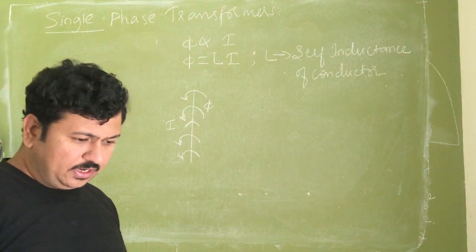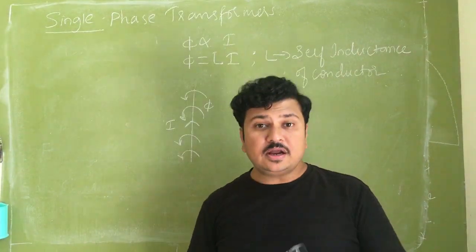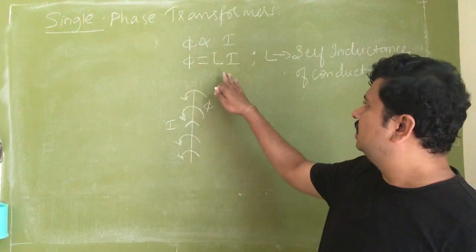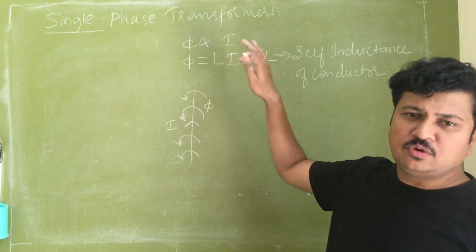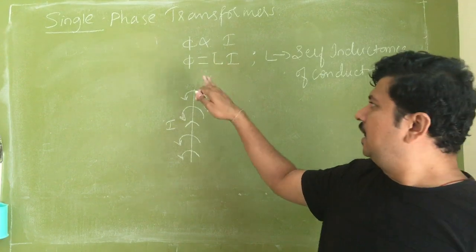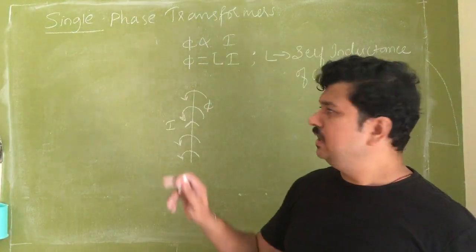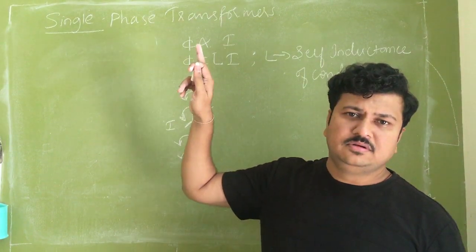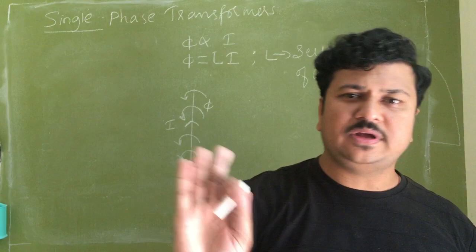So to create flux, the conductor should be inductive in nature. It should have its own inductance. So inductance is nothing but the capability of a conductor to create a flux.